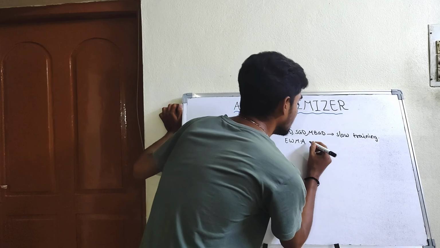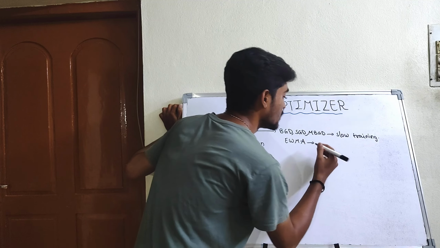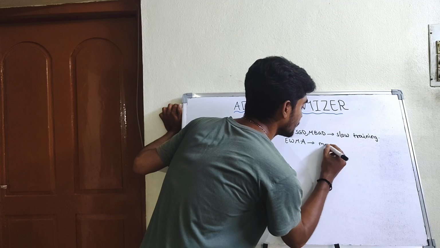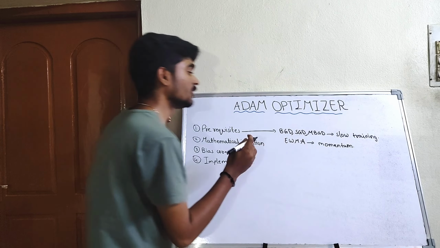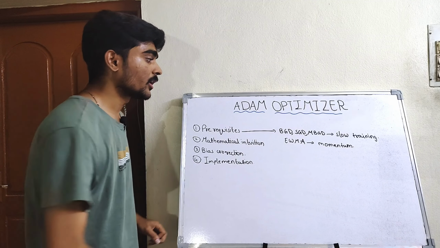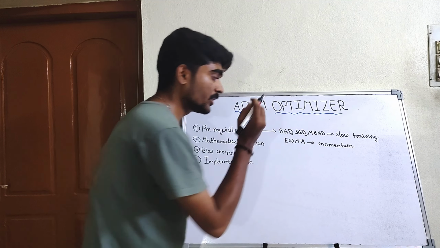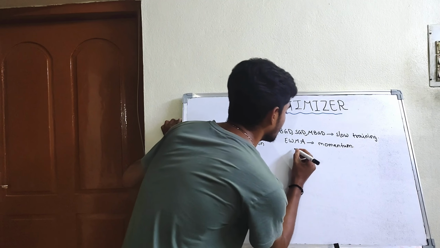This exponential weighted moving average is entirely based on momentum. But due to it, people face the problem of oscillations.